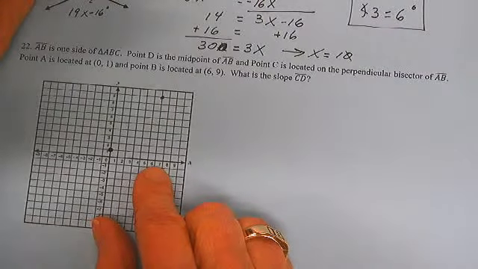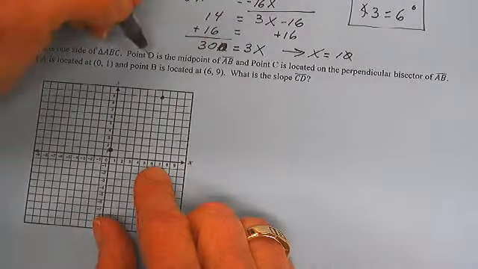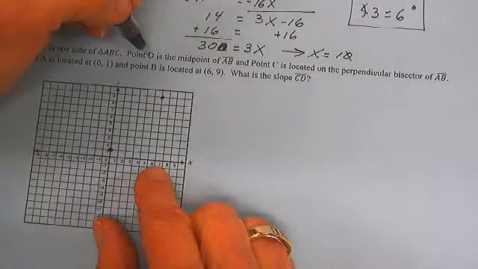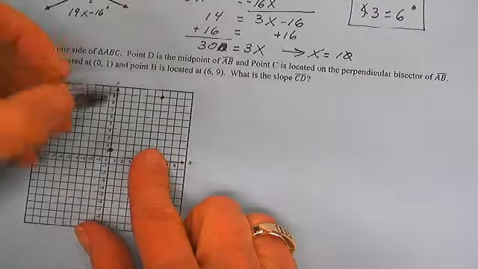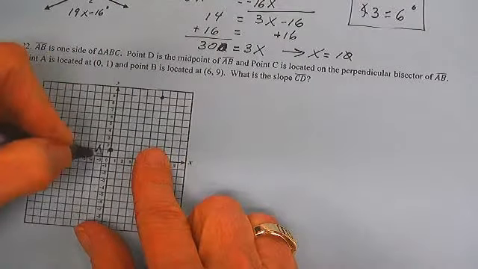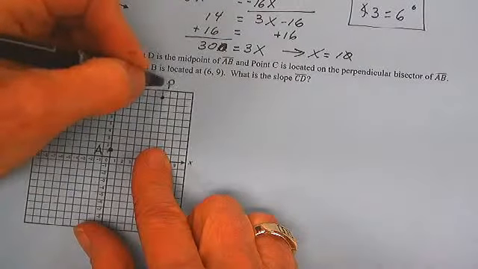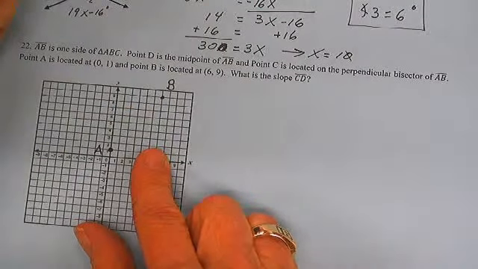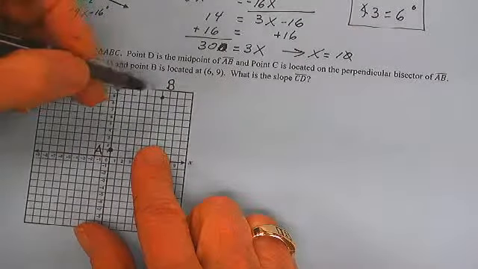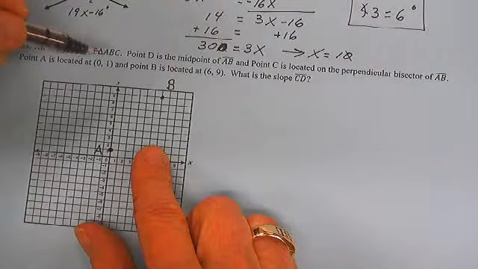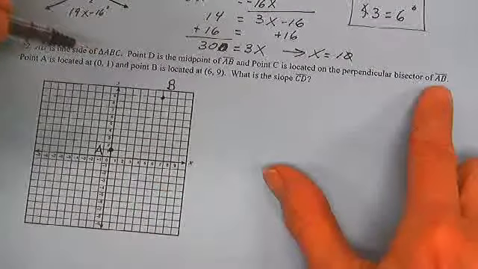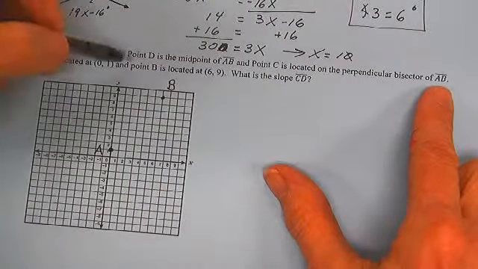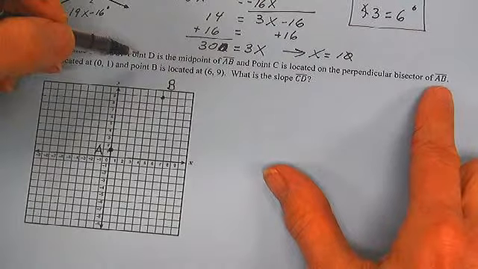Okay, what do we have? We have point D, the midpoint of AB. C is on the perpendicular bisector of AB, and D is the midpoint.